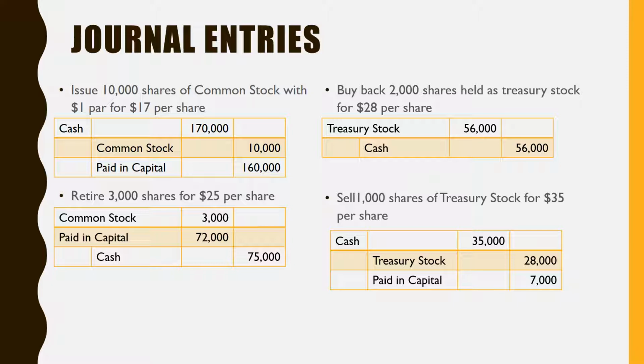The important thing is you can't recognize gains and losses on the sale of your own stock. Otherwise, think of how companies could really manipulate their net income by buying and selling their own stock. You want them to do something, not just manipulate the market with their shares. So gains and losses on treasury stock go to paid in capital. Again, they don't go on the income statement.